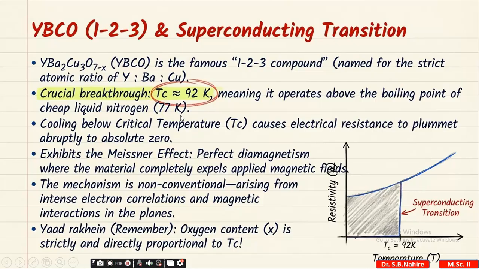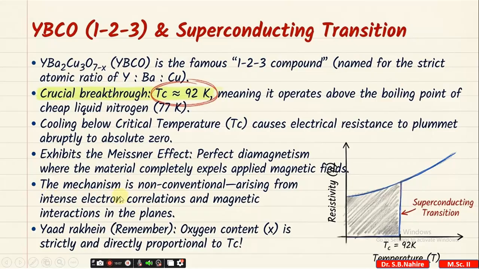Next point. When the material is cooled below the critical temperature Tc, its electrical resistance suddenly drops to zero. This means the material becomes a perfect conductor. Now next concept. YBCO shows the Meissner effect. This means it behaves as a perfect diamagnet and completely expels the applied magnetic field from its interior. Now next line.